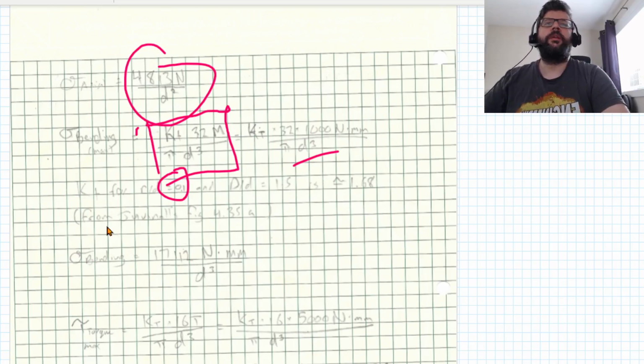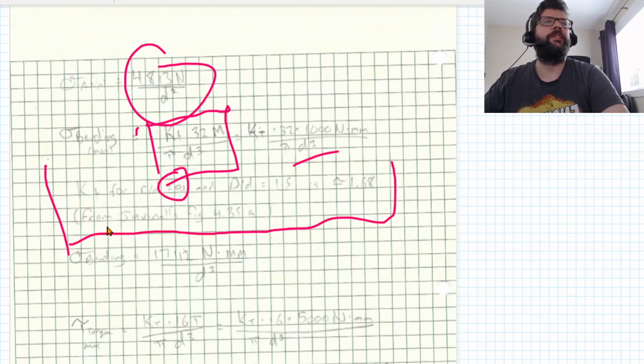I don't have the chart open right now, but you can go look it up if you want. Anyhow, multiplying that out, 1.68 times 32 times 1,000 newton millimeters divided by pi gives us 17,112 newton millimeters per d cubed. And then we've got our torque as well.